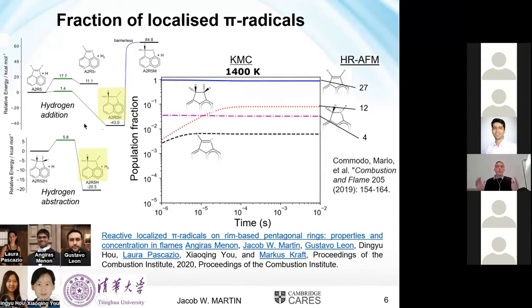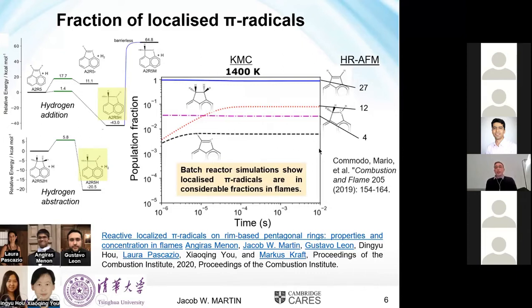And then by putting these edge types in partial equilibrium with hydrogen and hydrogen atoms, we're able to basically compute in a batch reactor simulation the concentration of these pi radicals, which is denoted by this dot dash line here. And we found that in certain conditions, you do get a large concentration of these, and in some cases, they can be larger even than sigma radicals.